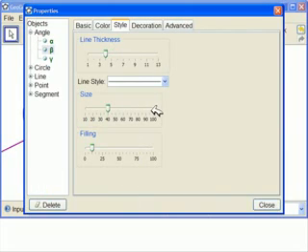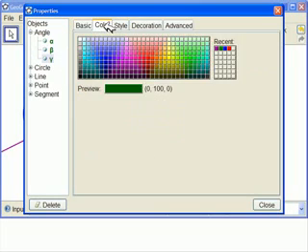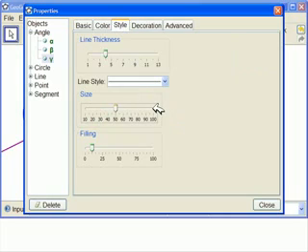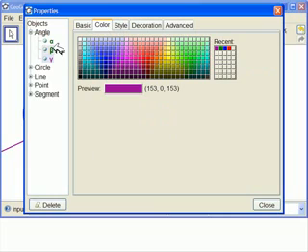We want them to be way big and show their name, and then we'll make them both purple.